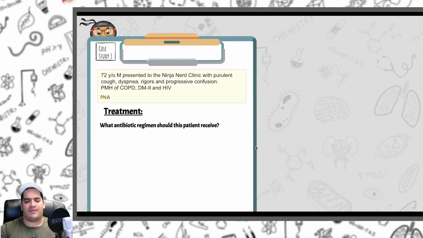There's so many different types of bacteria that can cause pneumonia, but likely hers is, again, because she's 72 and the most common cause of community-acquired pneumonia in elderly individuals is Streptococcus pneumonia. And on top of that, she has COPD and diabetes, which puts her at high risk for Haemophilus influenza, and she's got HIV, which puts her at risk for PJP. So she's got a multi-bacterial, polymicrobial pneumonia here, and with evidence of sepsis too, my friends.